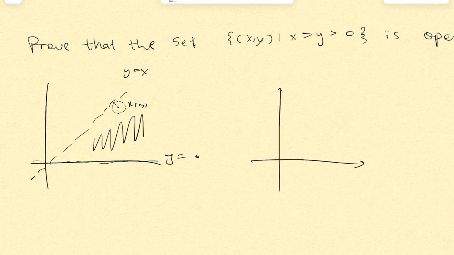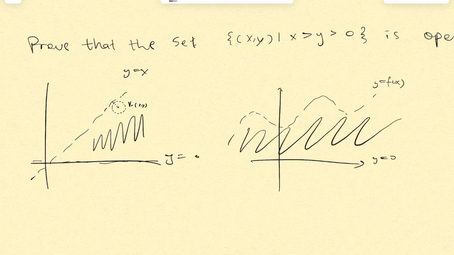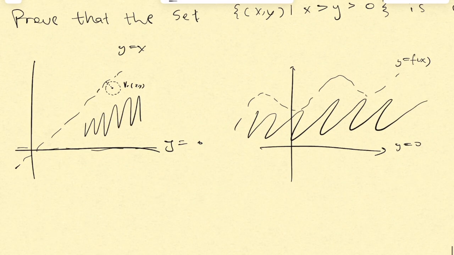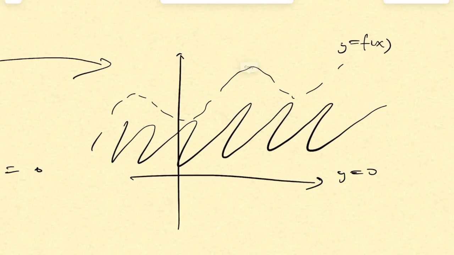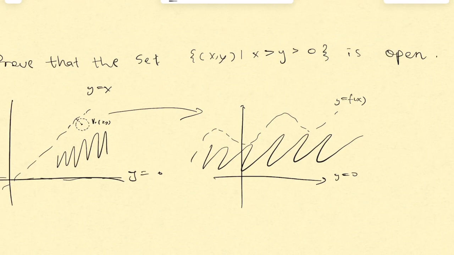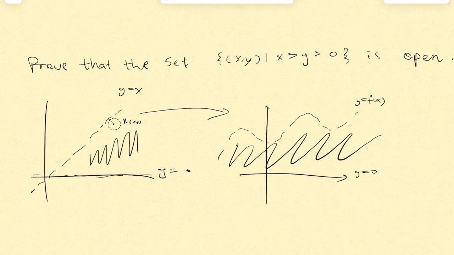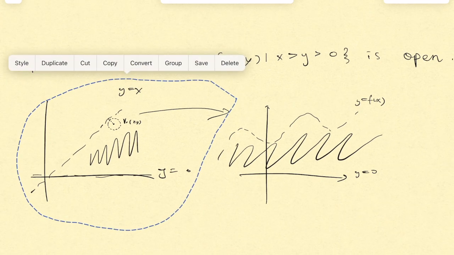For example, if I were to ask you to prove that the set of all points bounded by the functional upper bound y equals f(x) and y equals 0, which is this region, is open, which is obviously still true, the method here won't work very well, because it's really hard to find the open ball and find the distance between the point and the curve.